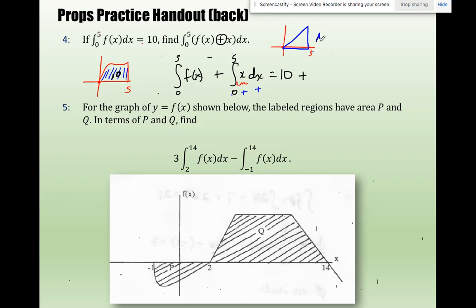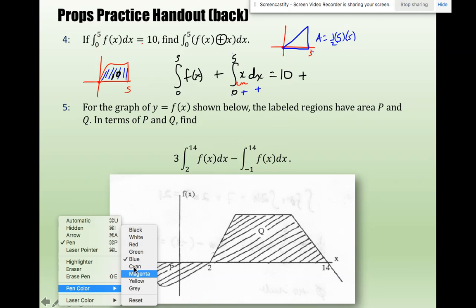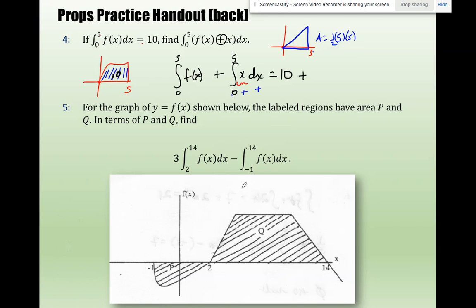So the area of that triangle is 1/2 base times height. And you can literally just leave your answer like that. I mean, you can get a decimal, you can make that a common fraction, it's not that hard, but you can just leave it that way. You don't have to simplify anything.